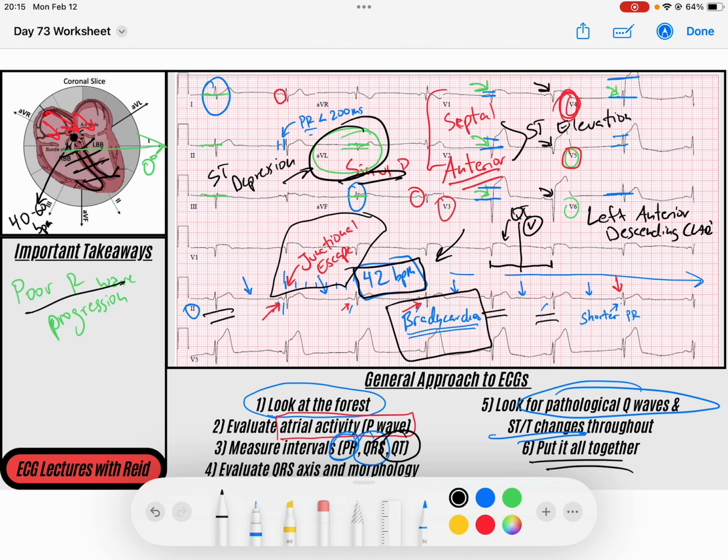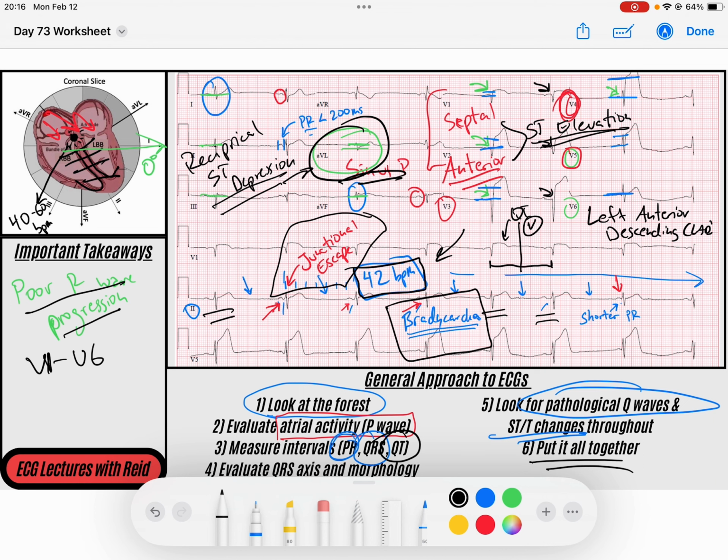We've got poor R wave progression through the precordial leads, V1 through V6, which is best explained by this ST segment elevation that we see in the anteroseptal leads, V1 through V5, with some reciprocal ST depression in AVL.